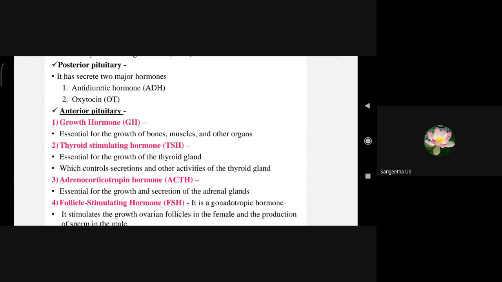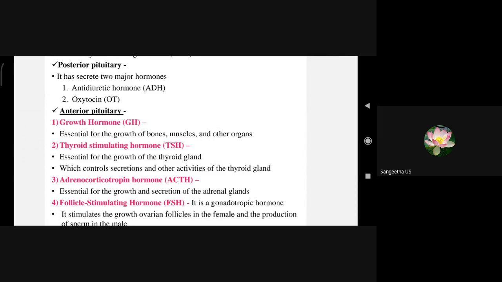Okay. If ADH or vasopressin gets imbalanced, then our volume of urine will get imbalanced. If ADH or vasopressin is reduced in our body, then the volume of urine will increase. They are inversely proportional, right?